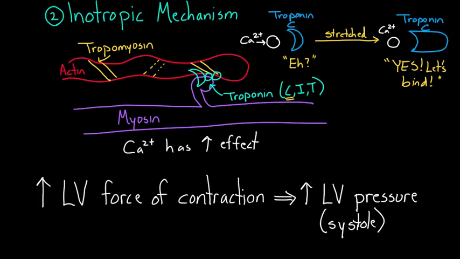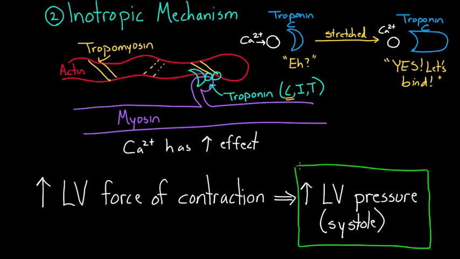The actin and myosin is actually going to be able to bind more easily to each other, and also the calcium has a bigger effect, kind of freeing up the actin, and at the end of the day, you get this larger left ventricular pressure during systole. So really, diastolic preload, or what happens at the end of diastole, which we call preload, is going to have a huge effect on the left ventricular pressure during systole.